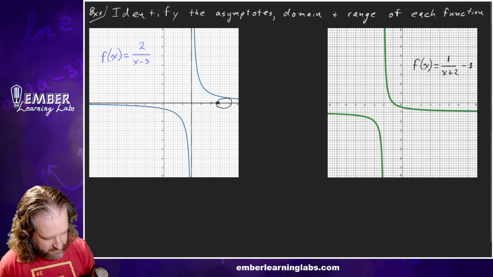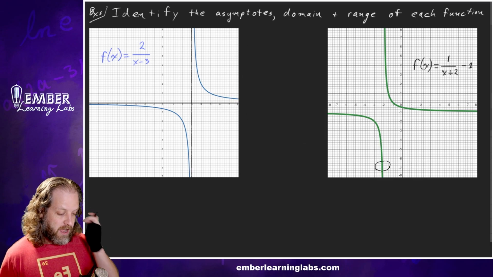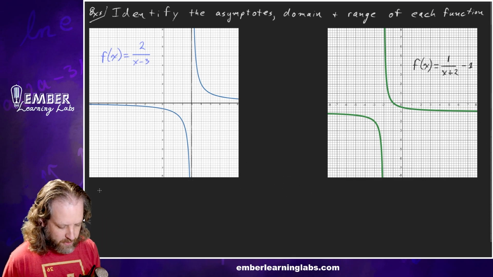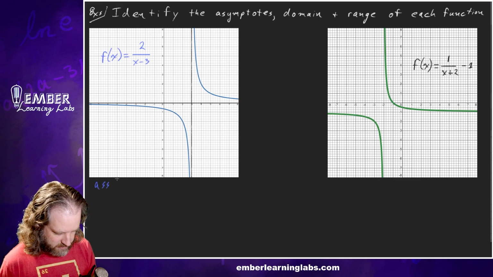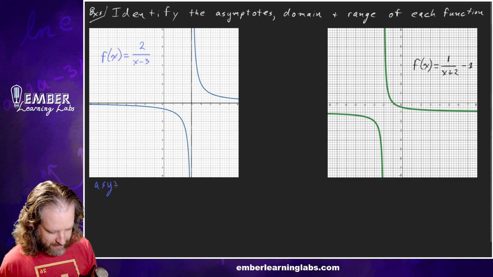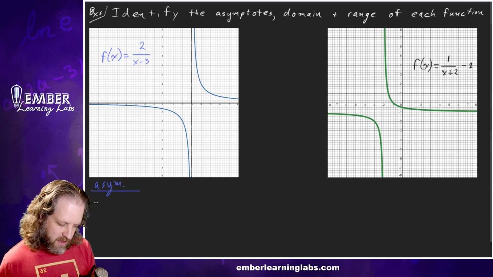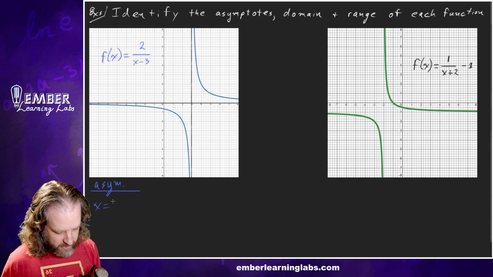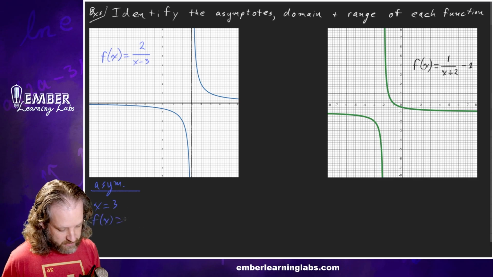If I erase this, it's going to put holes in the graph because I rasterized this whole layer. But our asymptotes for this one are at x equals 3 and at f of x equals 0.